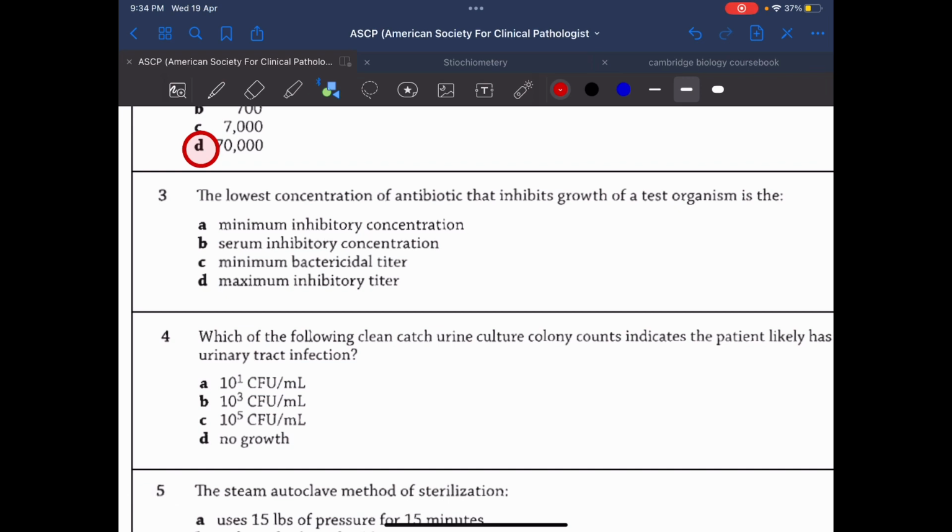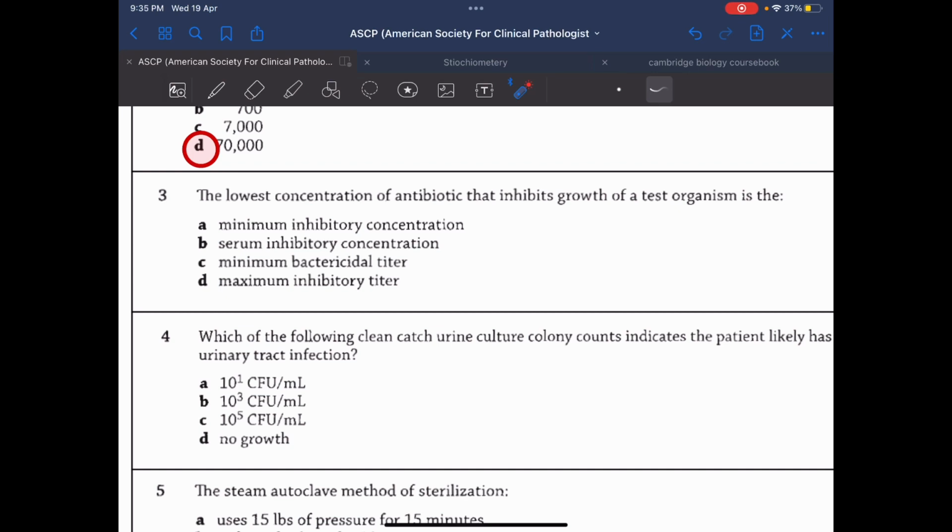Third question: the lowest concentration of antibiotic that inhibits growth of a test organism is the A. Minimum inhibitory concentration, B. Serum inhibitory concentration, C. Minimum bactericidal titer, D. Maximum inhibitory titer. The MIC is a basic laboratory measurement of the activity of an antibiotic against an organism.